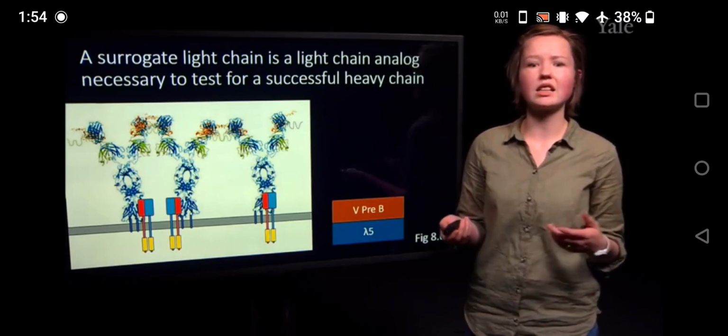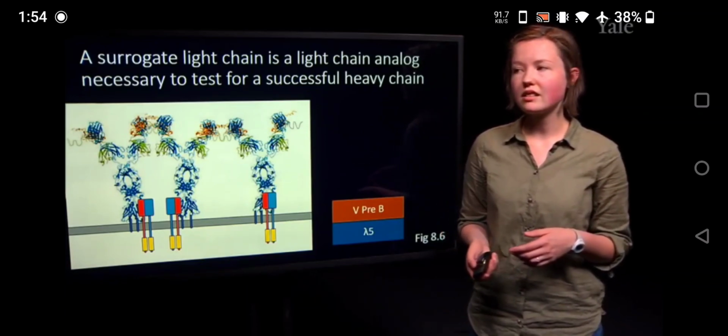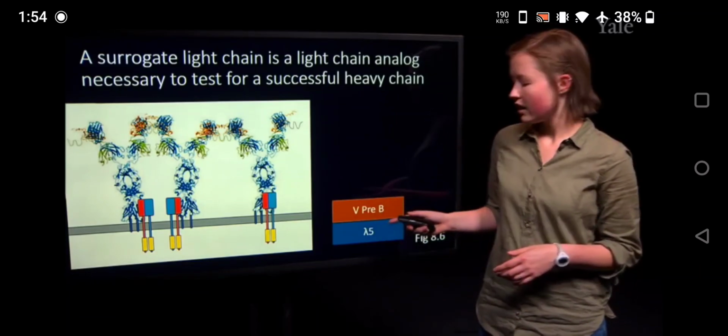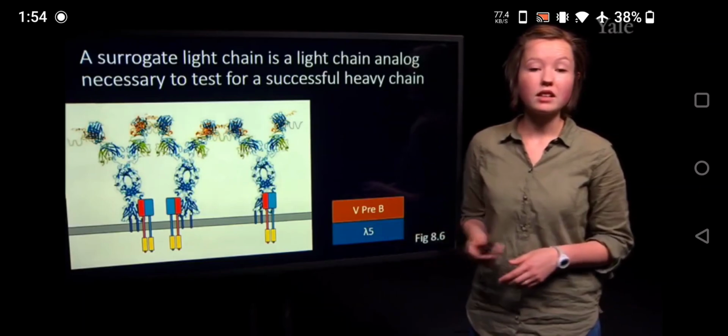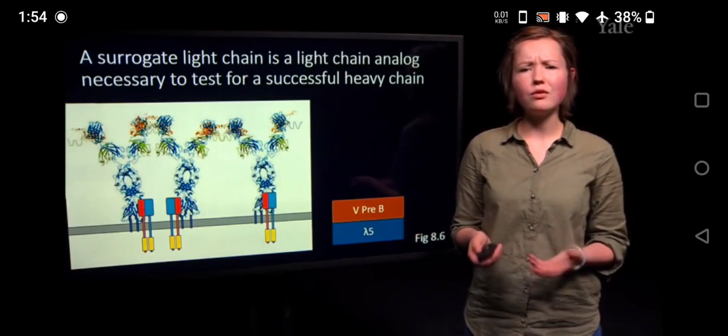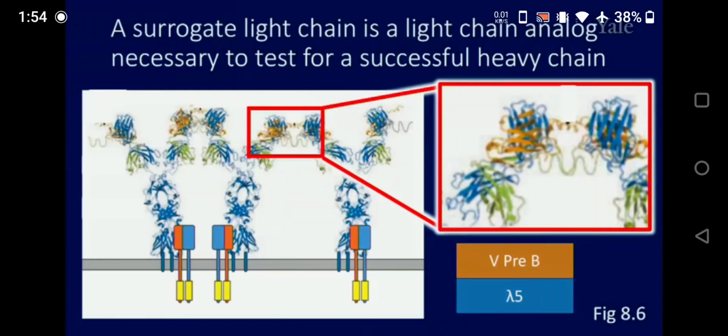And this consists of this V pre-B segment as well as this lambda 5 segment, shown in blue and orange on this diagram. If we zoom in to the structure of the surrogate light chain, the way that we mimic antigen recognition and allow for downstream B cell receptor signaling is by cross-linking of these receptors, because the surrogate light chains have regions that are able to interact with each other.